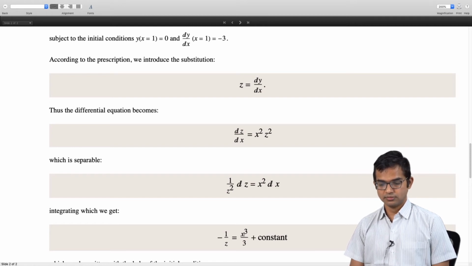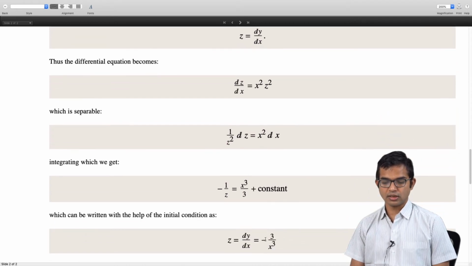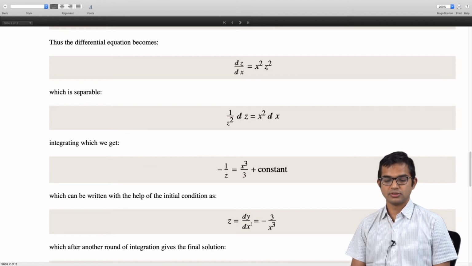So this means that this constant is, in other words, you can just remove this constant, it doesn't count. So you have z is equal to minus 3 over x cubed, right? If you put this constant to be 0, then you see that when x equal to 1, z is equal to minus 3. So the derivative dy by dx is seen to be minus 3 over x cubed.